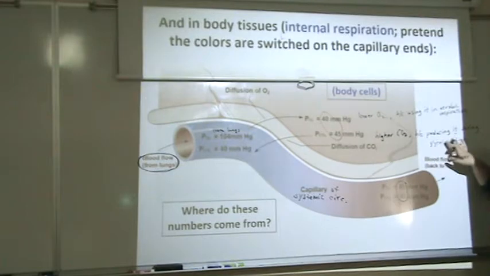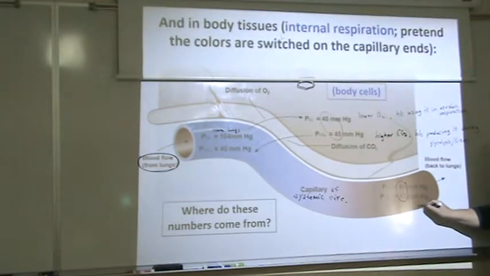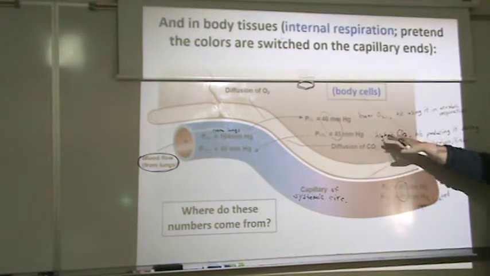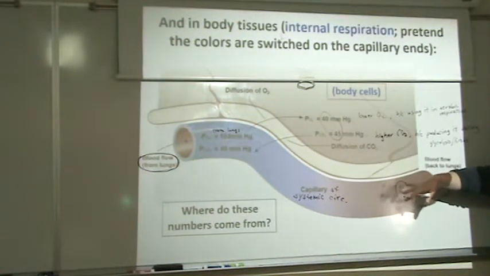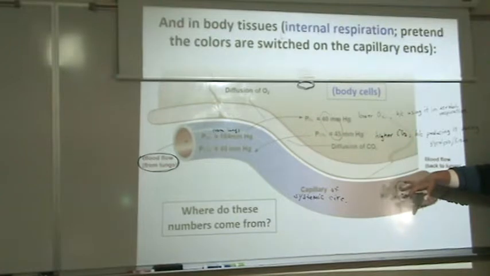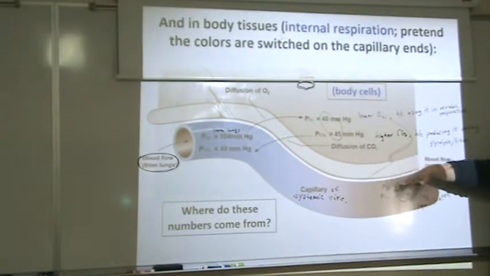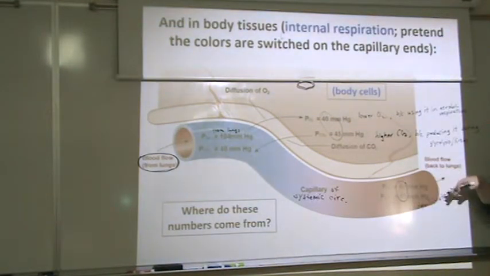So when the blood leaves the area, it's equilibrated. The numbers have balanced. See how that works? Everything is shifted here, diffused as much as it can. It's gone to equilibrium, it's balanced when the blood leaves.